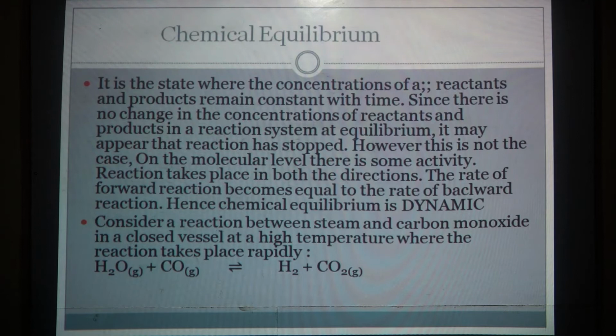Now consider a reaction between steam and carbon monoxide in a closed vessel at a constant temperature where the reaction takes place rapidly.